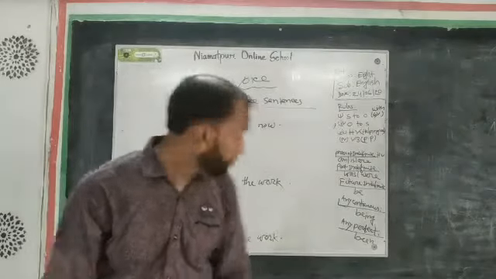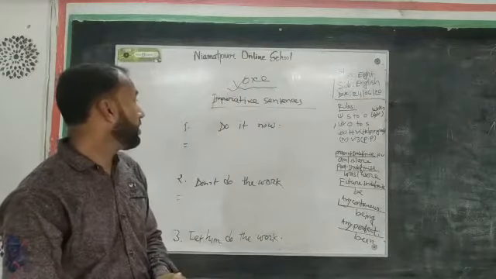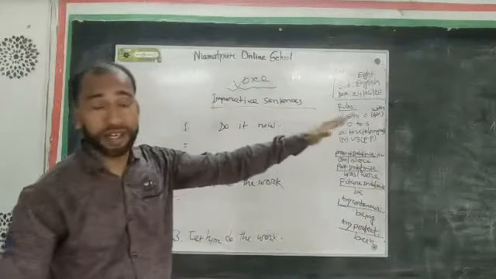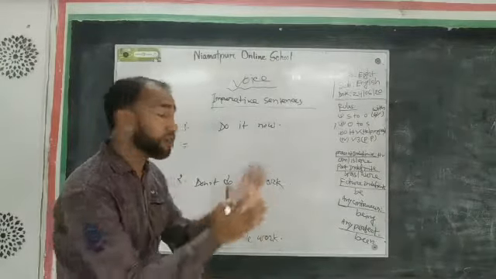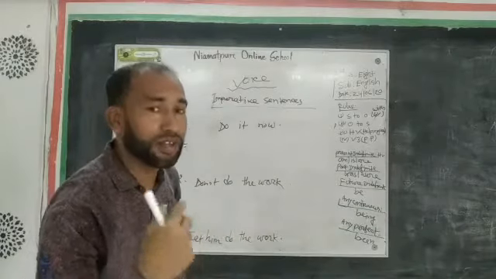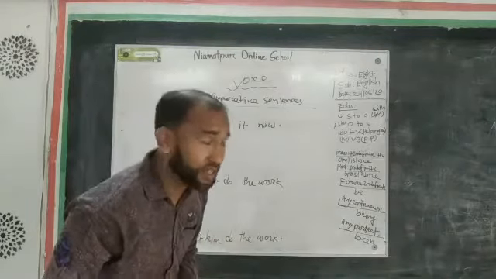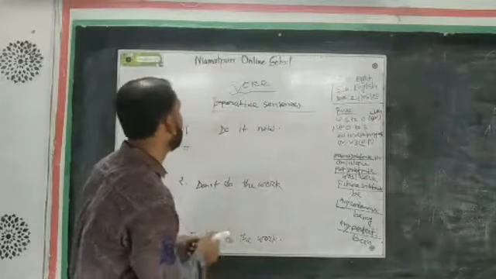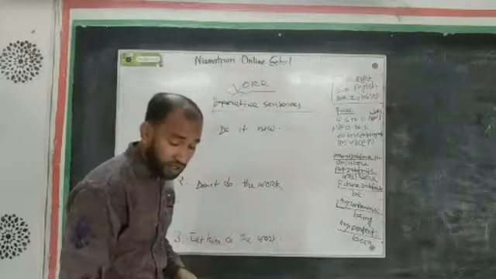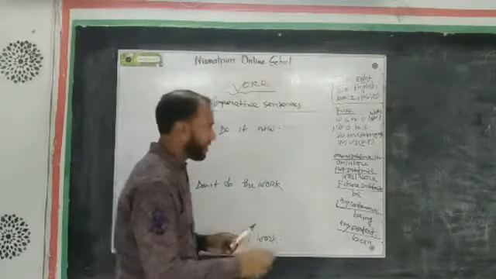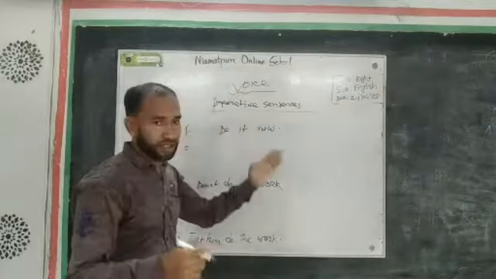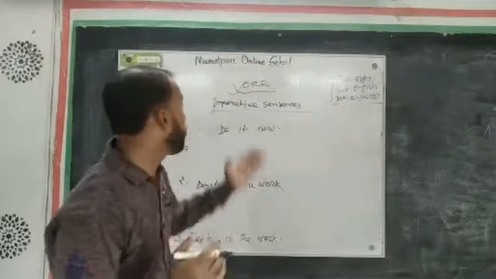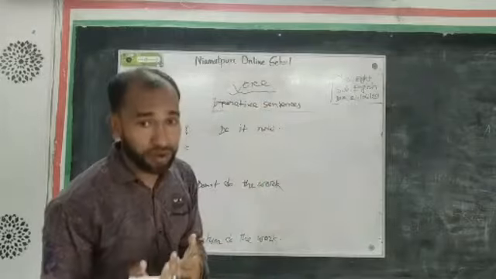Dear learner, you see I have written only three imperative sentences. I am thinking of writing some more next time because there is not sufficient space on the board. So next time I will write the later sentences for your better understanding. The rules are not very complex for imperative sentences from active to passive.